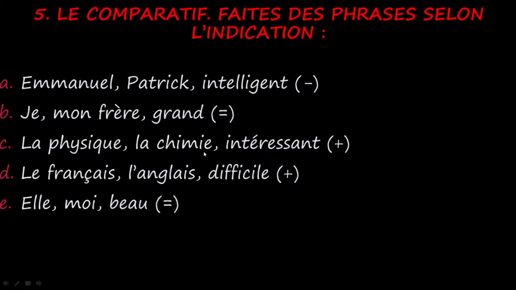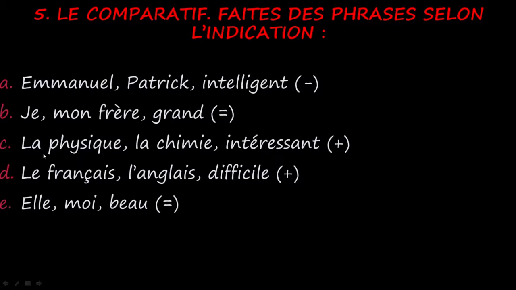But there is one small thing you got to keep in mind: these are adjectives. This is actually the subject. Here, Emmanuel is a subject, which is masculine. Je, which is the subject, you can keep it as masculine. La physique is the subject, but it's feminine. So when you have a feminine subject, we add an e to the adjective.